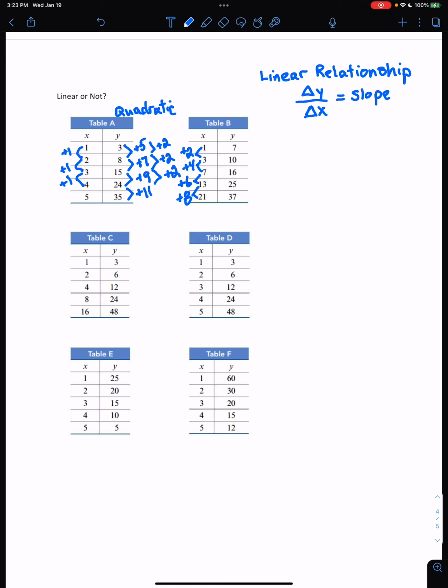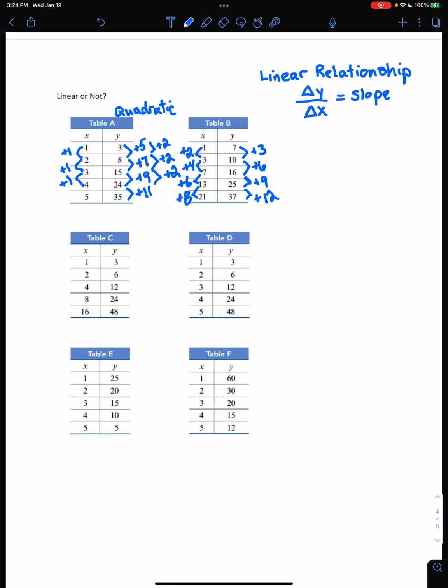So for the first change in our y value, we go from 7 to 10, we're adding 3. Here we're adding 6. Here, 16 to 25, we're adding 9. And here, 25 to 37, we're adding 12. Great.